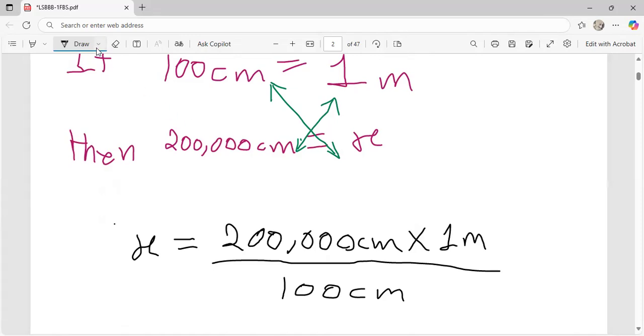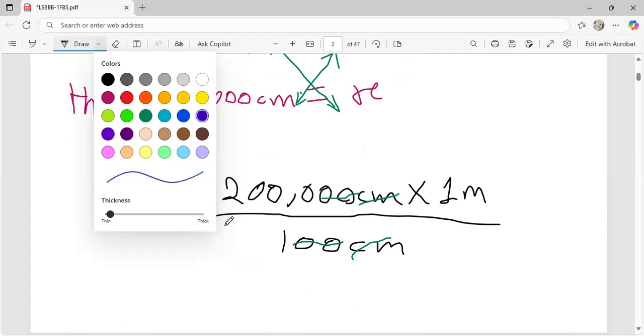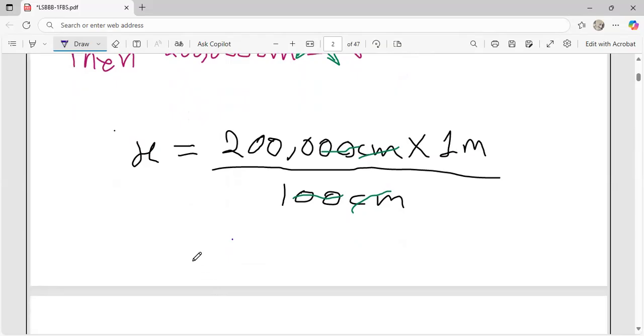At the end of the day, you realize that centimeters will take care of centimeters, and these two zeros will also take care of these two zeros. So at the end of the day, we are just going to be left with x equal to 2000 meters. So finally, we can say that x is equal to 2000 meters.